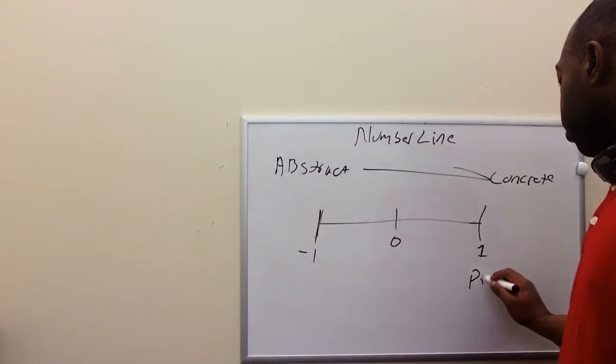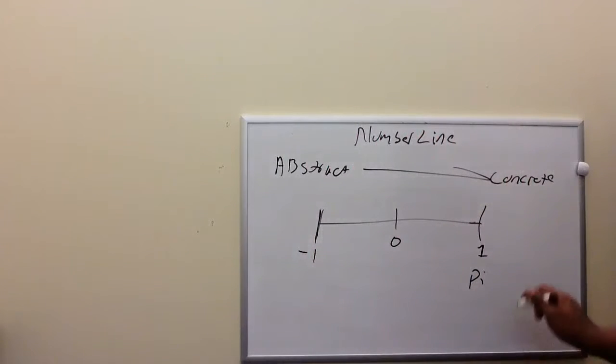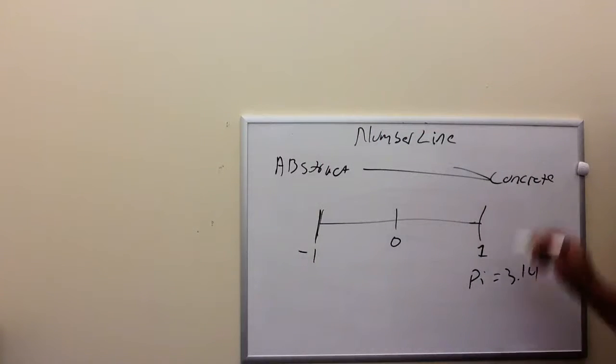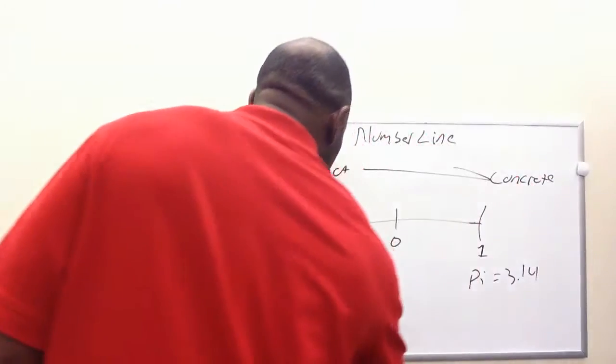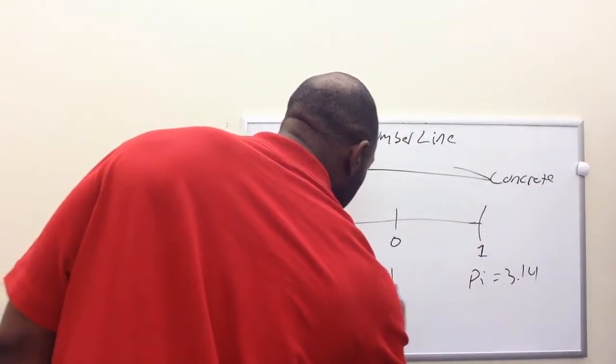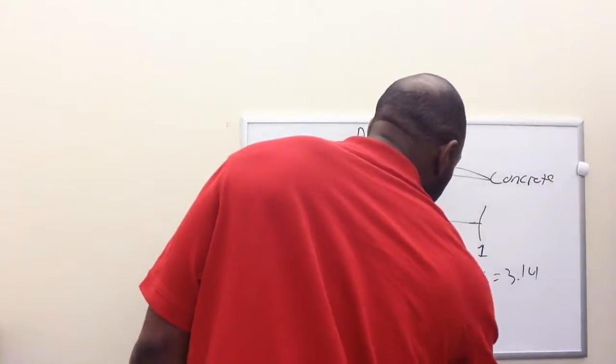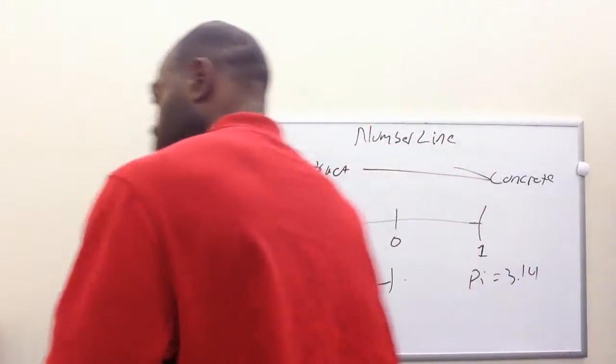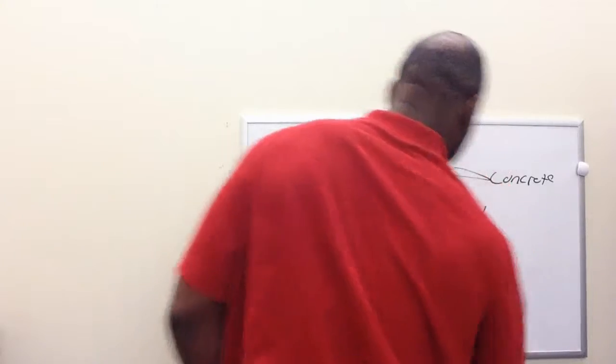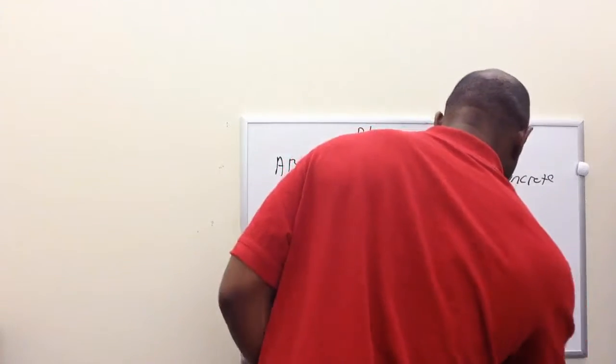Remember pi? Pi is a relationship that gives you 3.14. Excuse me, pi, I need you to scoot over. I need you to move over for me.